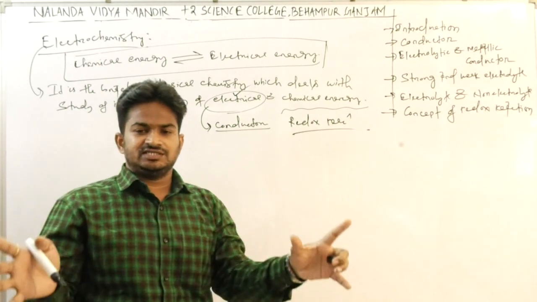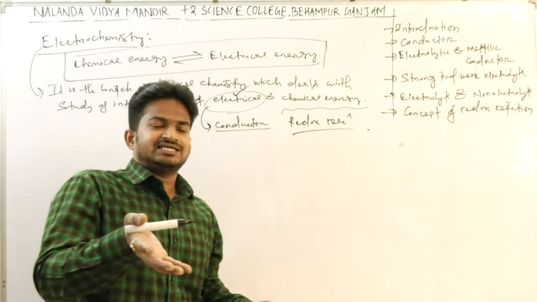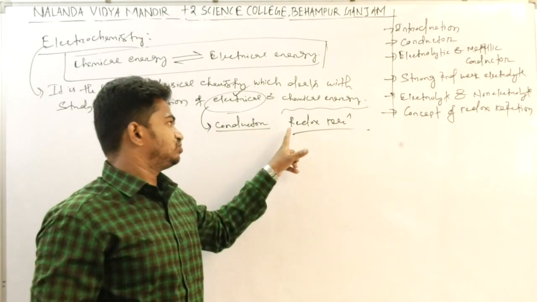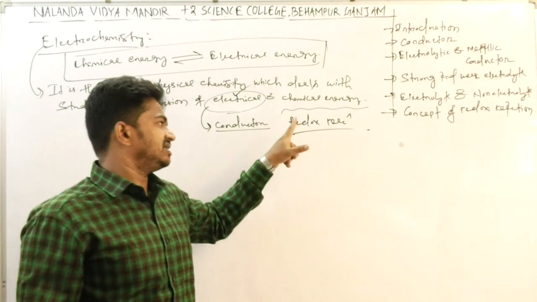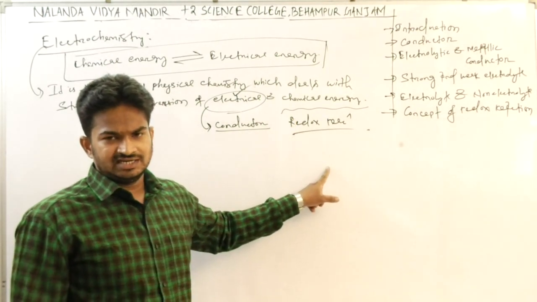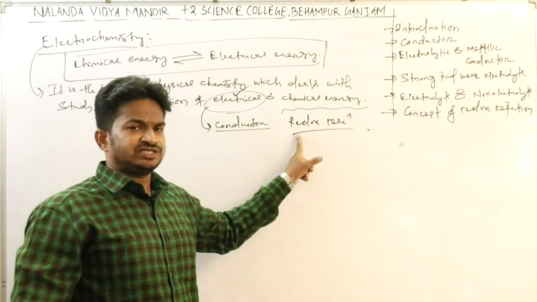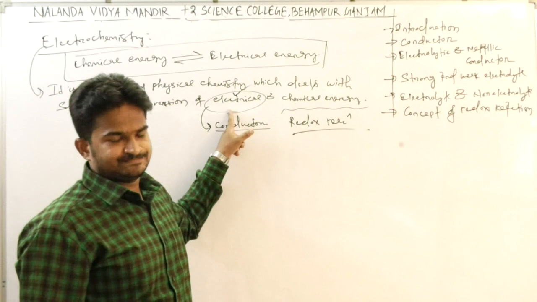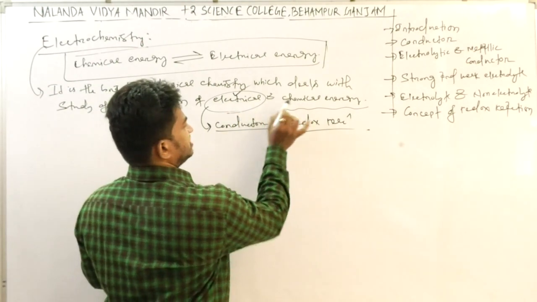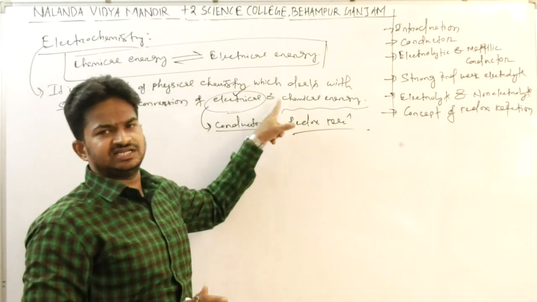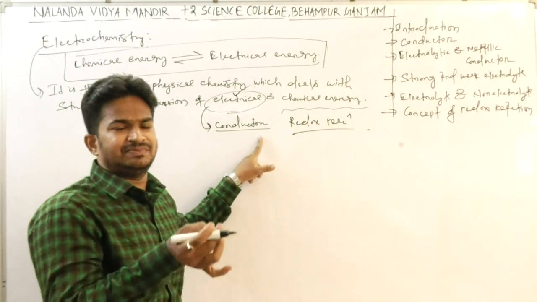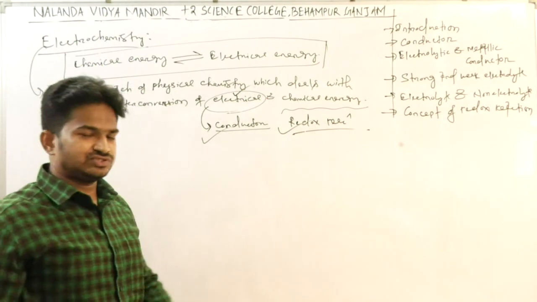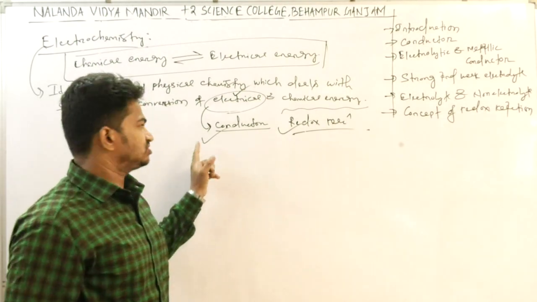In a particular cell, the chemical energy is produced through redox reactions, and through spontaneous redox reactions it changes to electrical energy. So before dealing with this, we should have at least basic knowledge of conductors and redox reactions. Step by step we will discuss all these things.